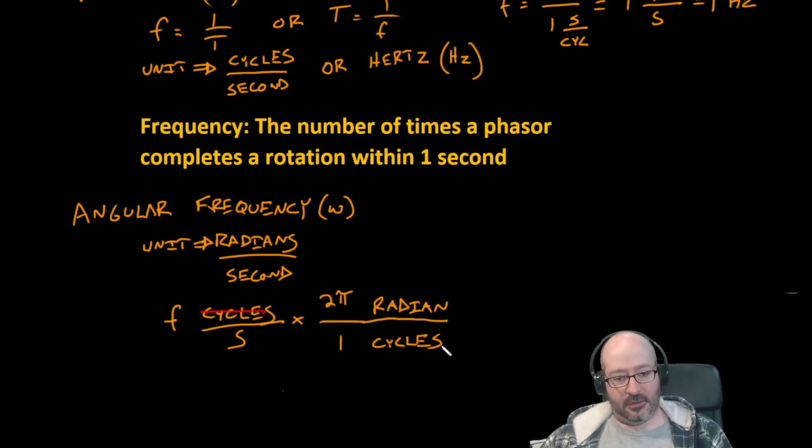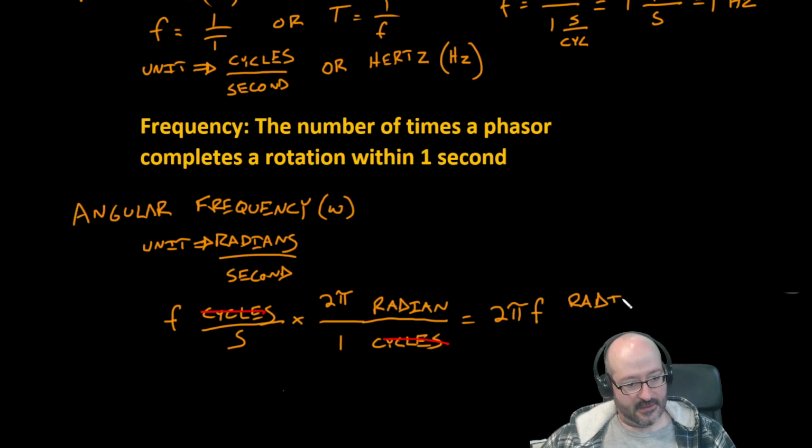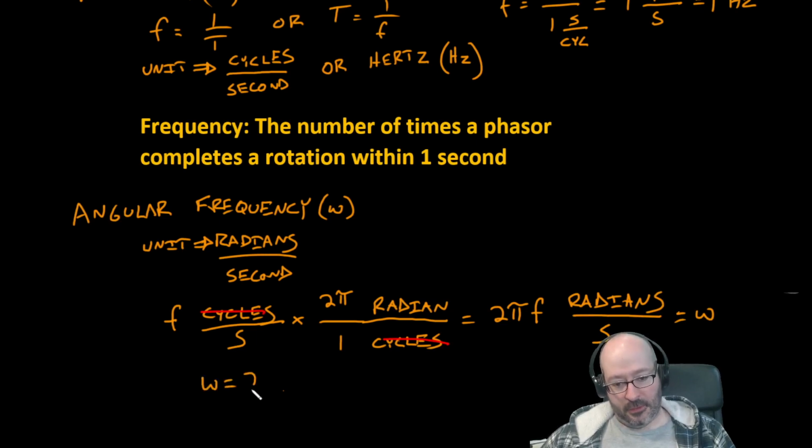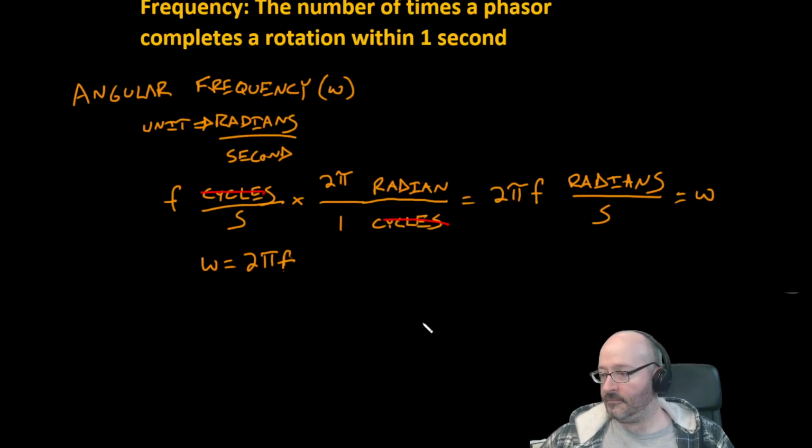And then cycles cancels cycles, and I get 2 pi f. And the unit is going to be radians per second. And that's omega. So omega equals 2 pi f. And we can flip that on its head and say f equals omega over 2 pi. So those would be the 2 conversions I'm going to do here.